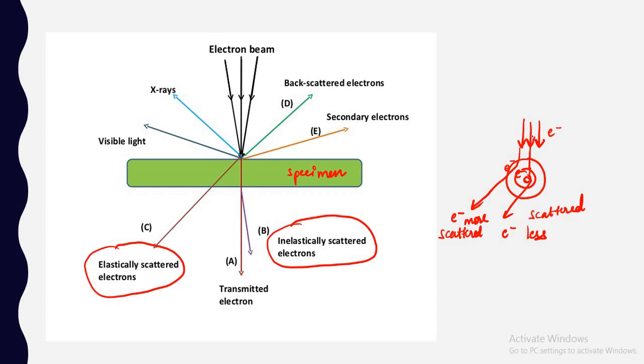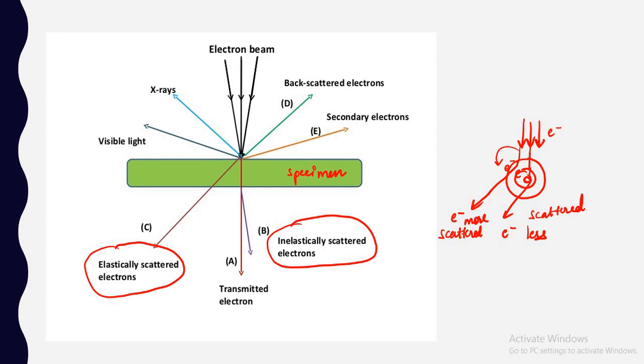Because when this beam of electrons passes through the electrons revolving in the orbits, they transfer their energy to those electrons, and those electrons gain the energy and scatter more. So they are known as elastically scattered electrons, where scattering will be more.